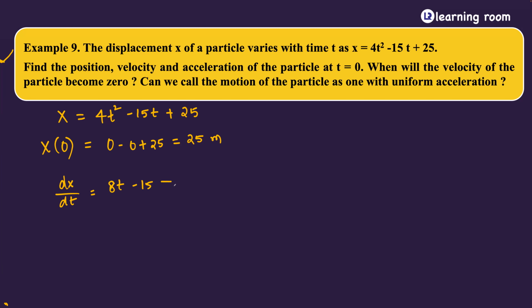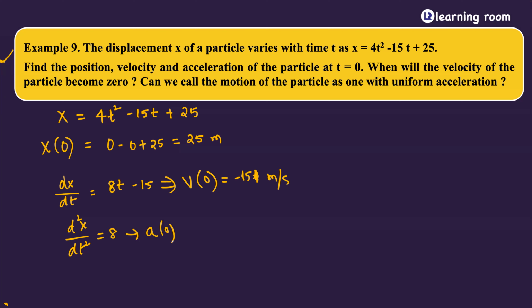Now I need the velocity at t is equal to 0. I substitute, answer will come out as minus 15. Minus 15 meter per second. If I differentiate this further, d square x divided by dt square, you will get the value as 8. Right? And this is going to be the acceleration at t is equal to 0.